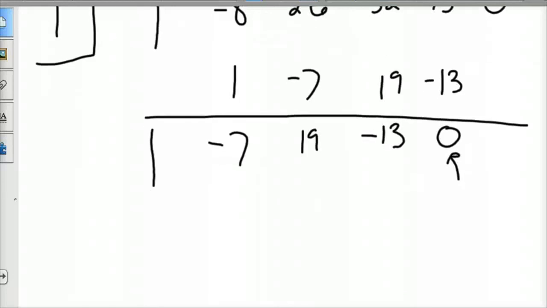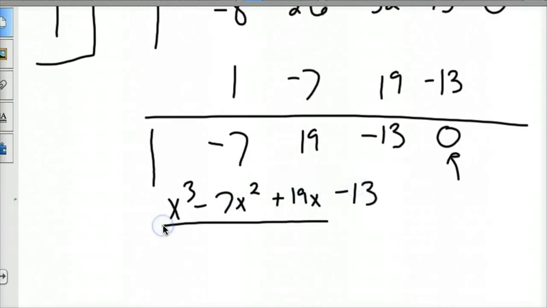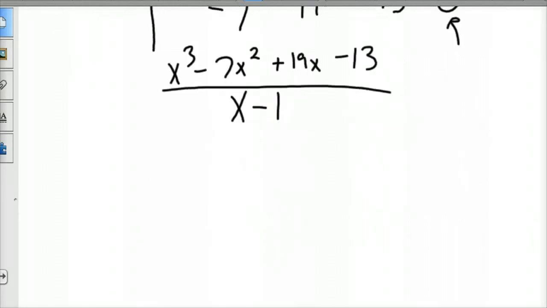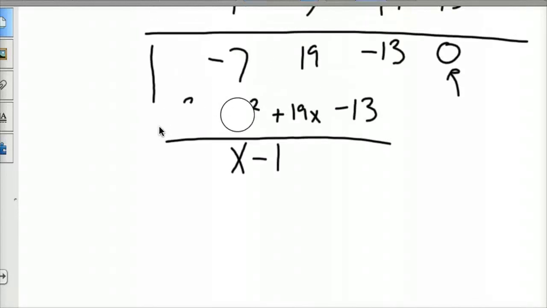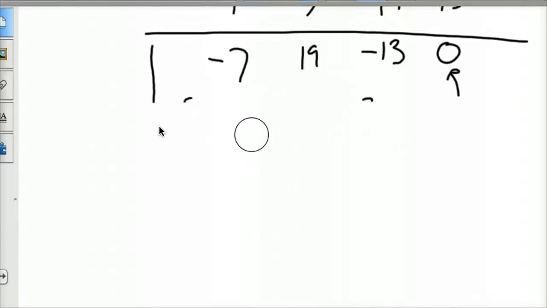And so now we're down to x cubed minus 7x squared plus 19x minus 13. And now we're going to divide that one last time by x minus 1. And it should get us down to a quadratic. So I'm going to divide now by 1.